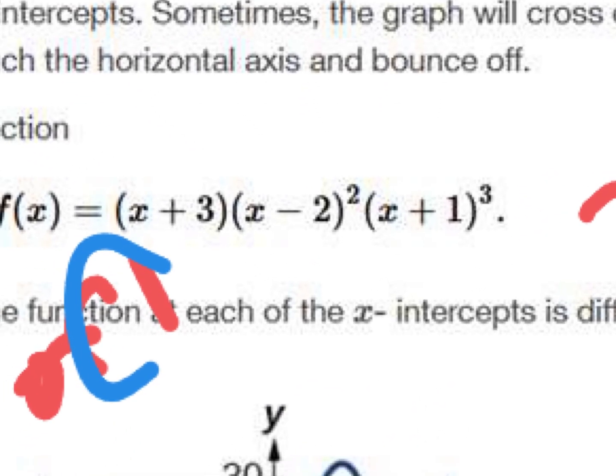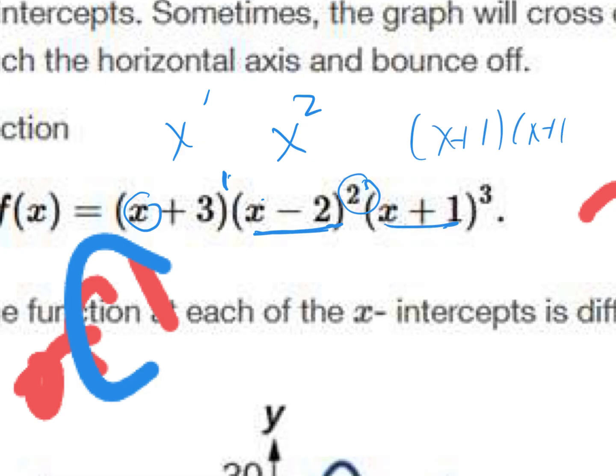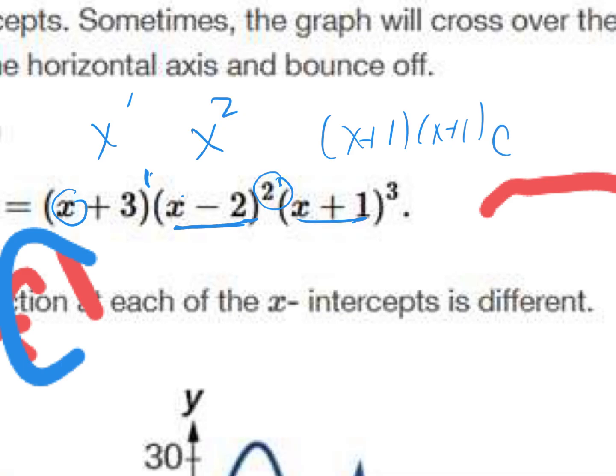I'm going to give you a secret. There's a first degree here. That means there's only going to be this x to the first. There's a square here. If you FOIL this out, it's going to be an x squared. Here, if you do the x plus 1 times the x plus 1 times an x plus 1, who wants to do that?